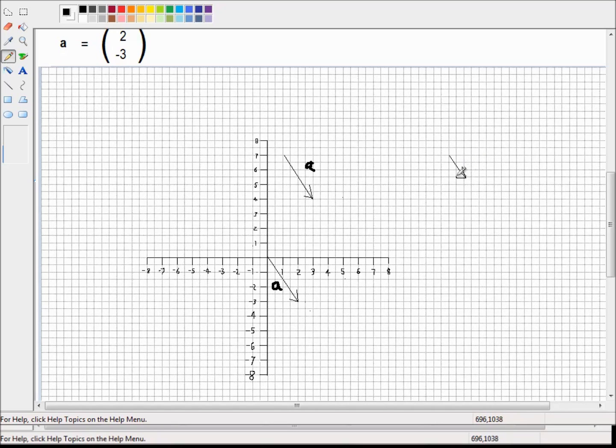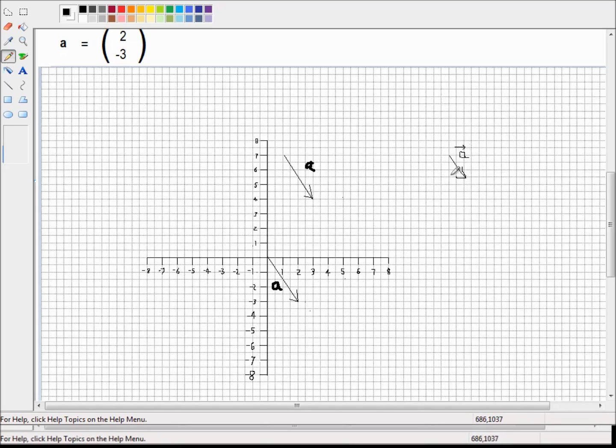So if you'd drawn your vector something like that, in fact, you don't have to label it as a boldface A. You could have labelled it as a normal A and drawn an arrow over the top, then that too would have been fine. Obviously this arrow looks different to this arrow because I'm using a different scale now, but you're still going 2 across and 3 down.